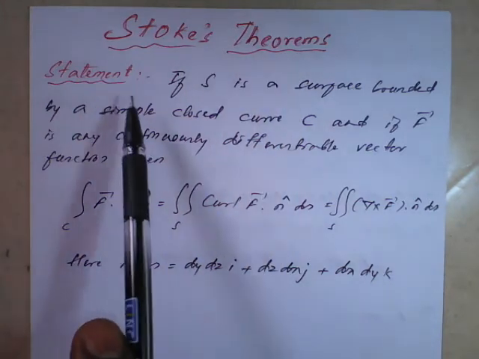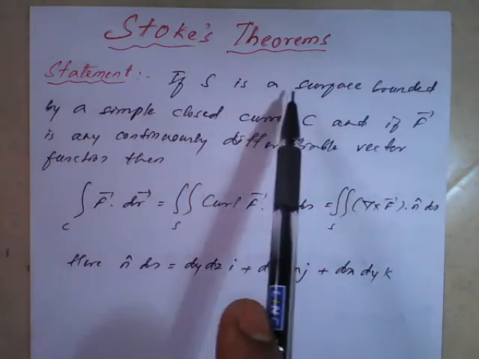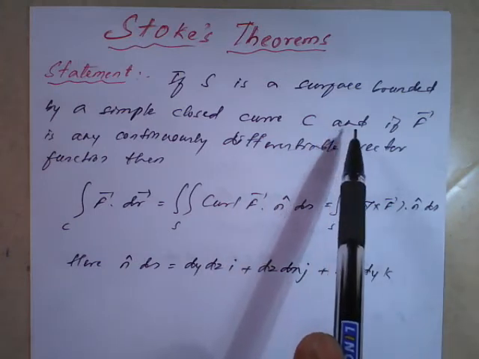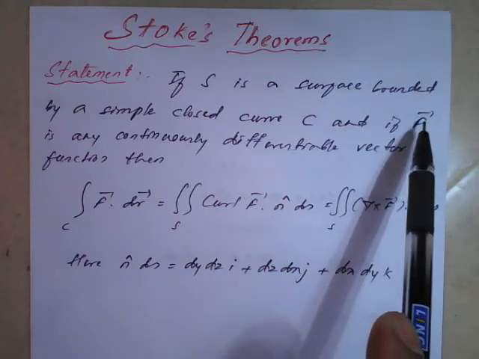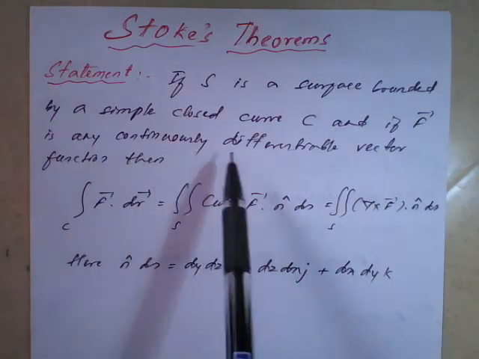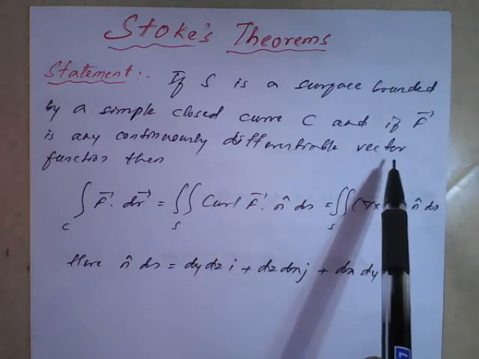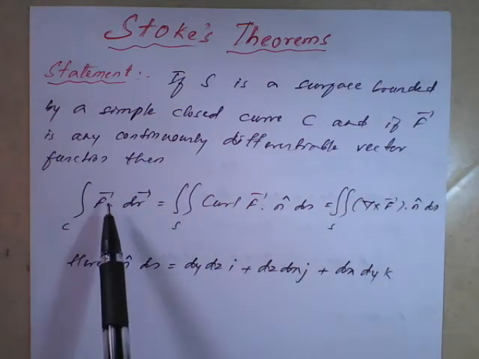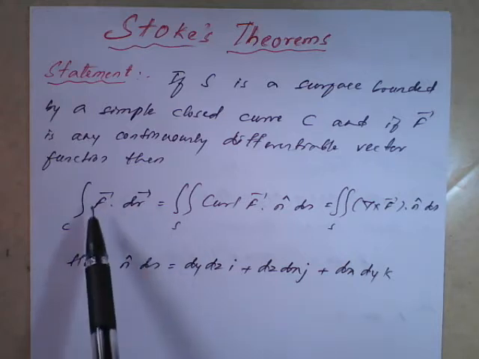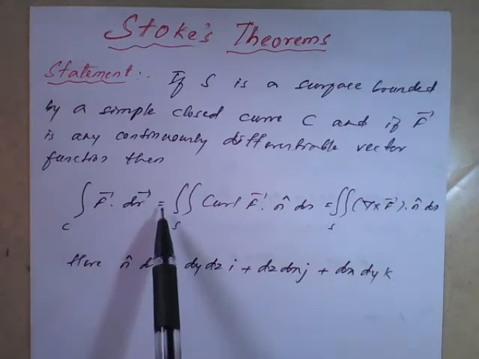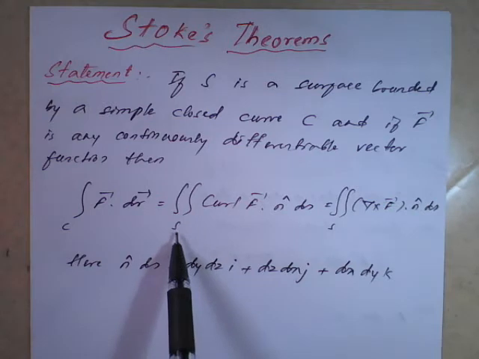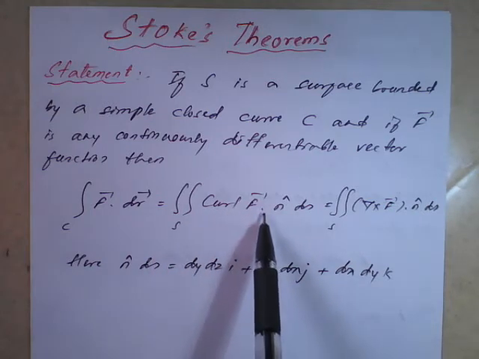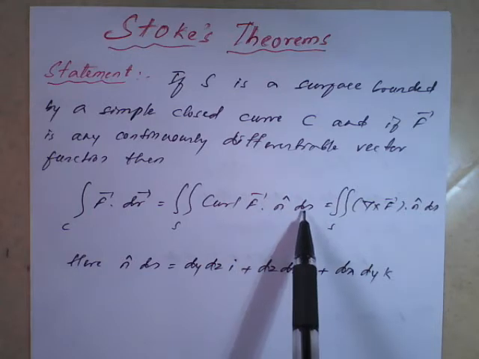Stokes' theorem statement: if S is a surface bounded by a simple closed curve C, and if vector f is any continuously differentiable vector function, then the integration of vector f dot dr is nothing but the double integration over the surface S of curl of vector f dot n cap dS.